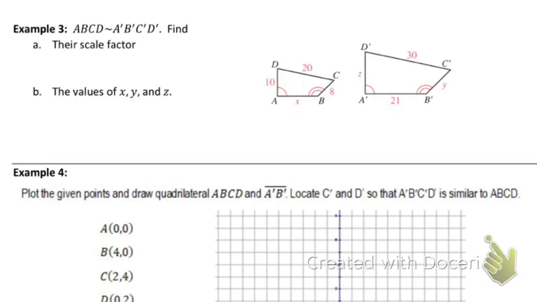All right, one more problem we have to do. First thing we need to do is come up with a scale factor. Can someone tell me a scale factor of these two shapes? Not simplified, just leave the fractions as is. 2 over 3.